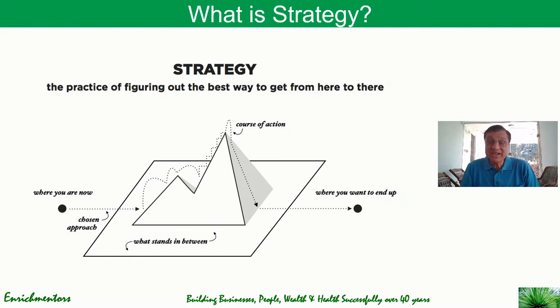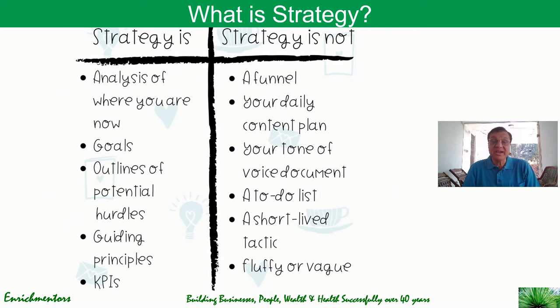Let's look at what strategy is not. A strategy involves analysis of where we are now. It involves knowing our goals. It looks at outlines of the potential hurdles, guiding principles of how we will reach where we want to reach, and certain KPIs. So that's what strategy is. Strategy is not a funnel. It is not something that you will use to achieve the detailed goal.